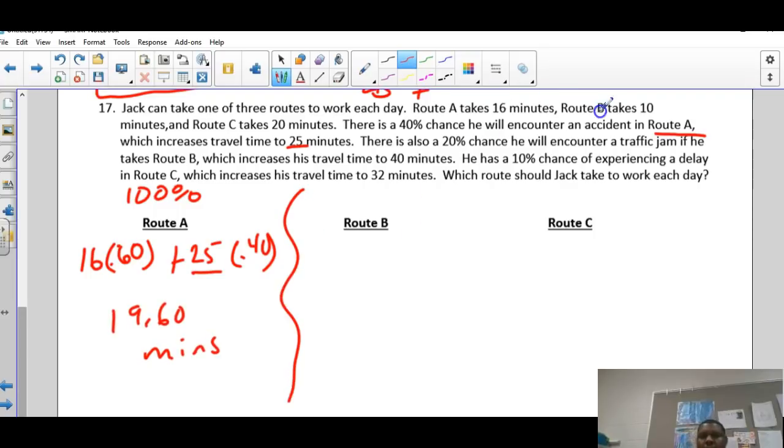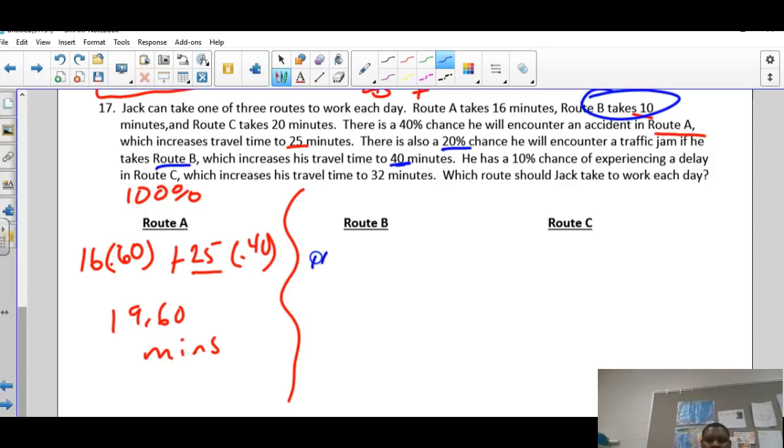For part B, remember B took 10 minutes. But there is a 20% chance I will encounter a traffic jam on route B, which will increase the travel time to 40 minutes. So a 20% chance it'll take me 40 minutes.